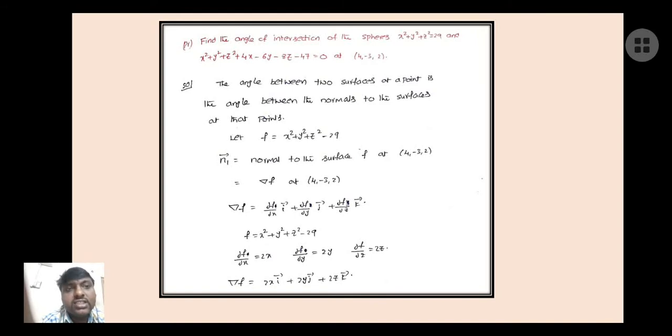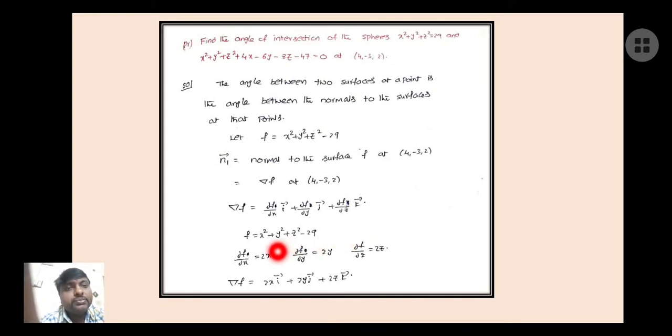The surface is a sphere here, and I am taking normal vector n1 bar equal to the normal to the surface f at the point 4, minus 3, 2. So that is equal to, normal is nothing but gradient del f at 4, minus 3, 2. Now from the definition, del f is dou f by dou x into i bar plus dou f by dou y into j bar plus dou f by dou z into k bar.